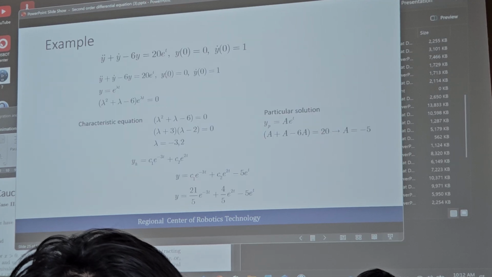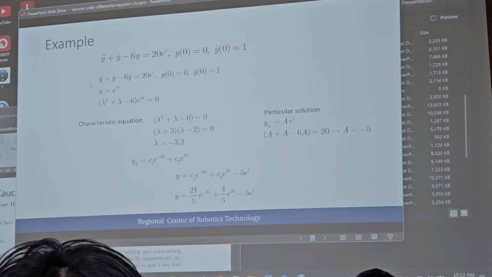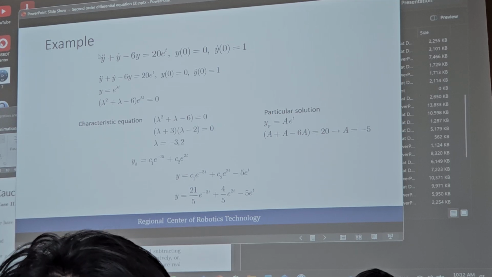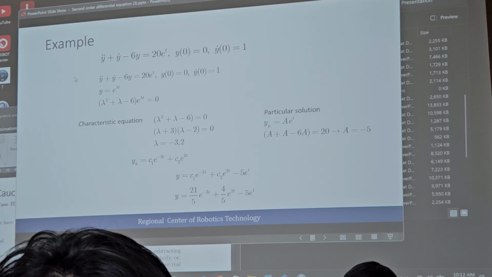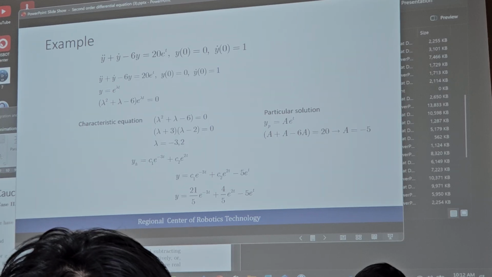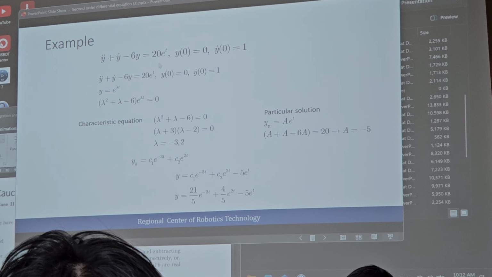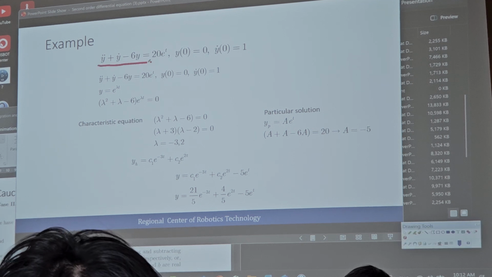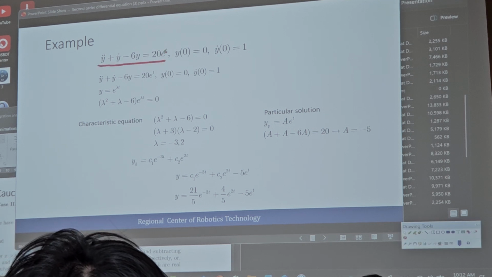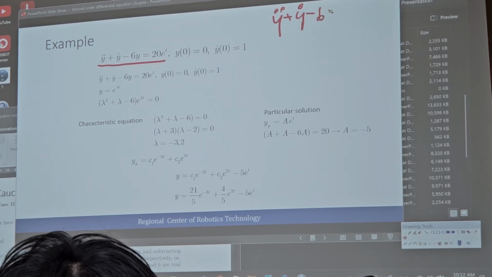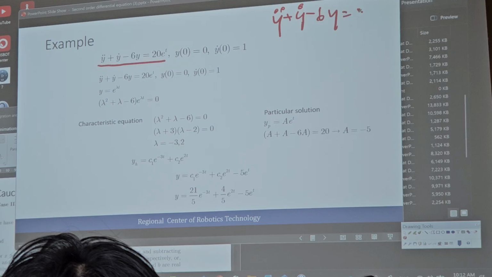If you have this one, let's see the example. In this case, this is not a homogeneous equation. So first of all, you solve this one first, equal to 0 first.